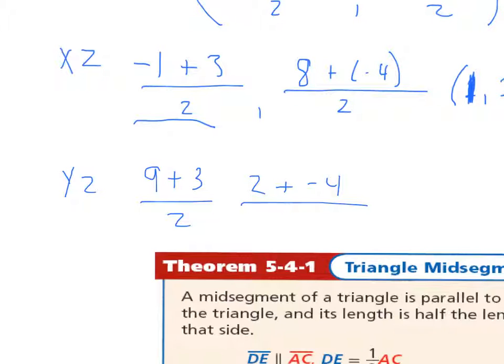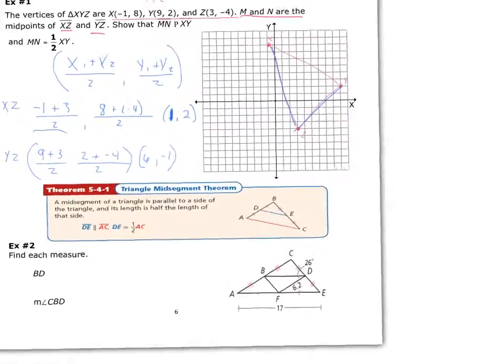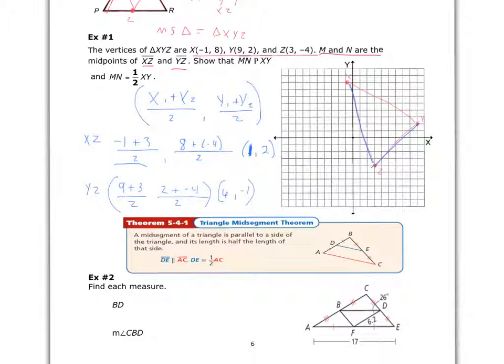And we're going to divide all that by 2. So let's go ahead and reduce. 9 plus 3 is 12. 12 divided by 2 is 6. And 2 plus -4 is -2. And -2 divided by 2 would give us -1. Okay, so there are our midpoints between each of those two segments.